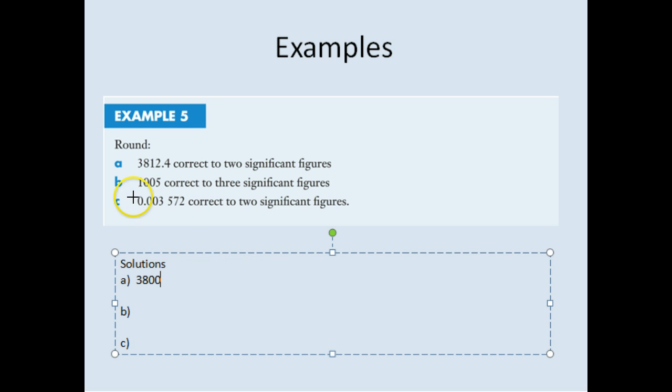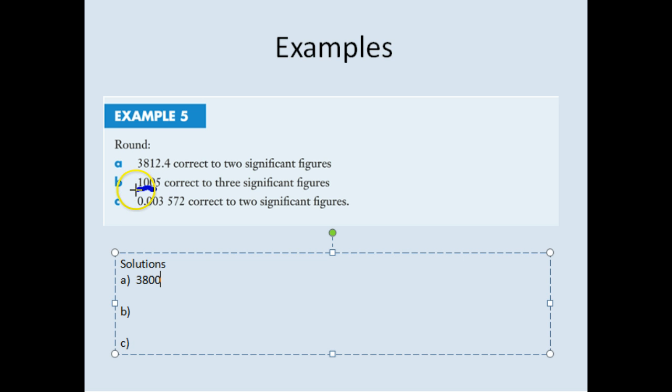Okay, the next question asks us to round 1,005 correct to three significant figures. Now this one here is the first number we come across and it is significant. Now any numbers after a non-zero digit, so any zeros, they're significant now, especially if they're between two non-zero digits. So this first zero and second zero, they're significant now.